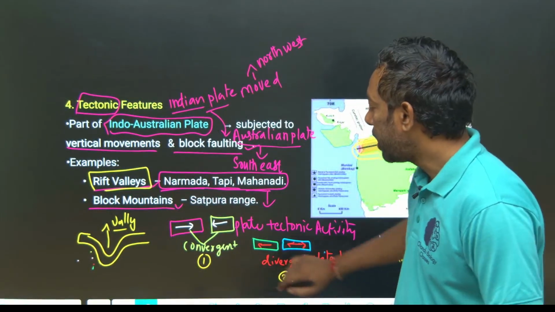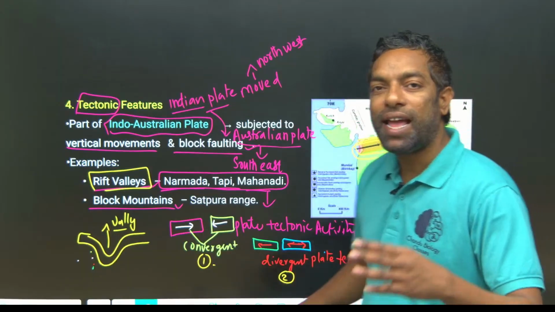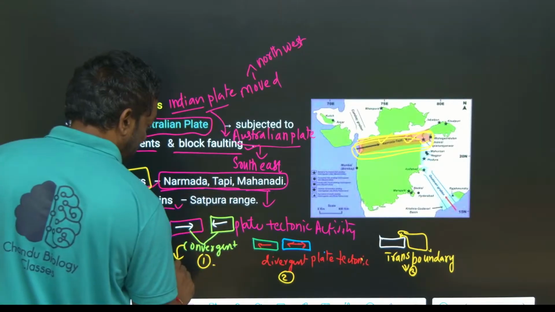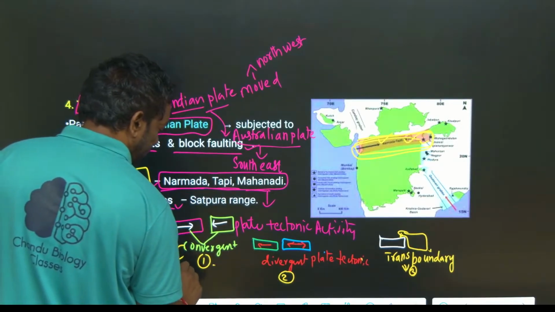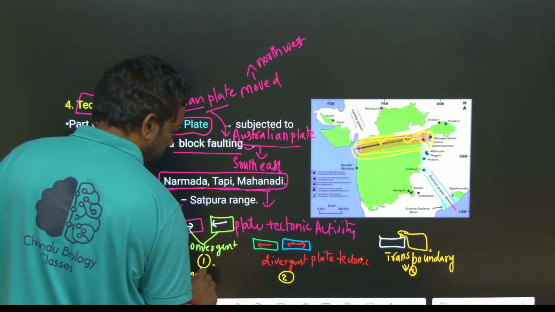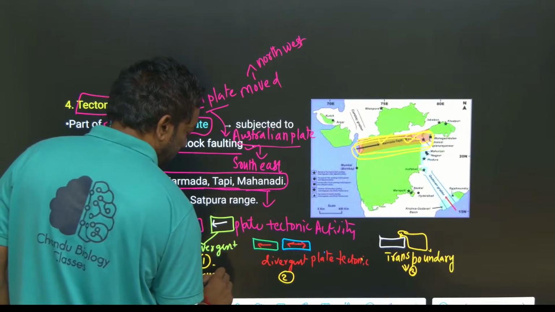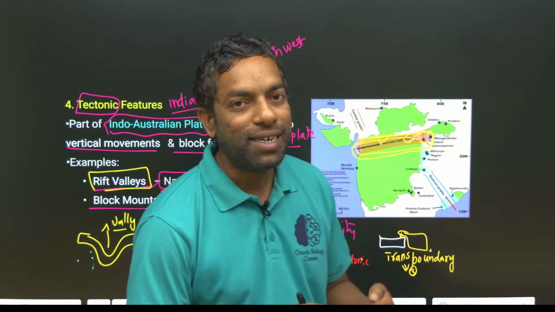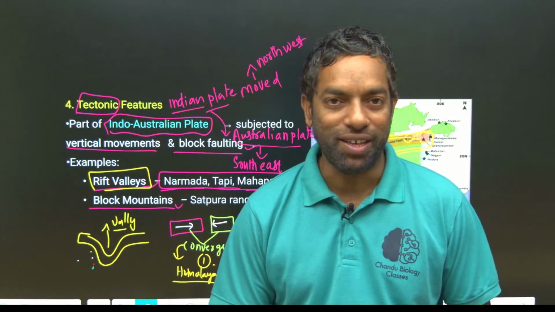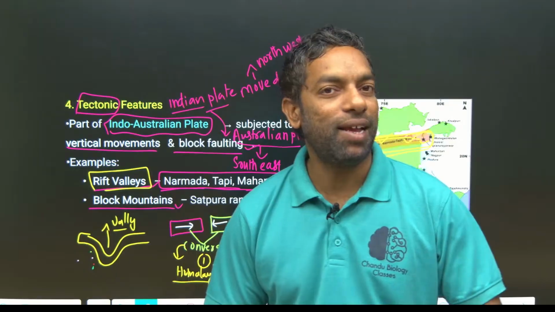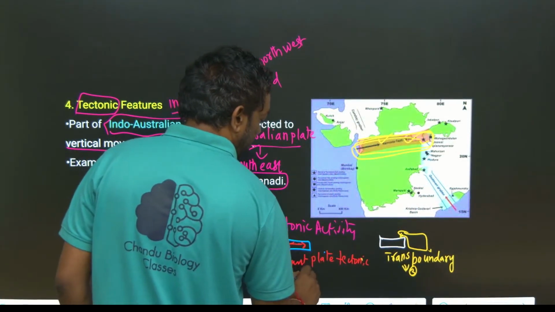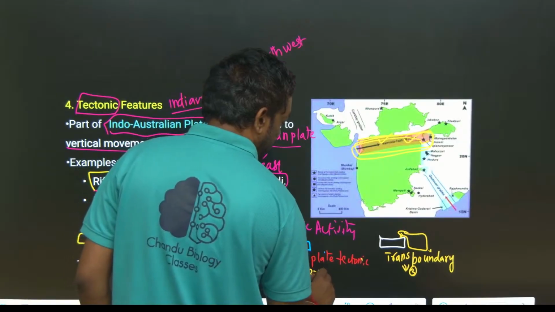So which type? The Himalayas are produced by convergent plate tectonic activity. Rift valleys are created by divergent plate tectonic activity.